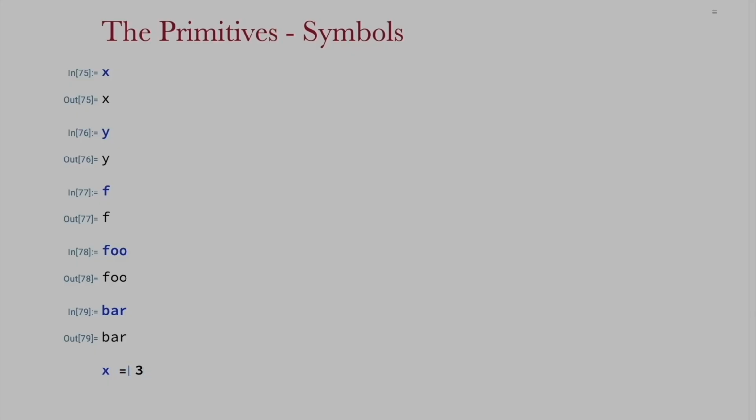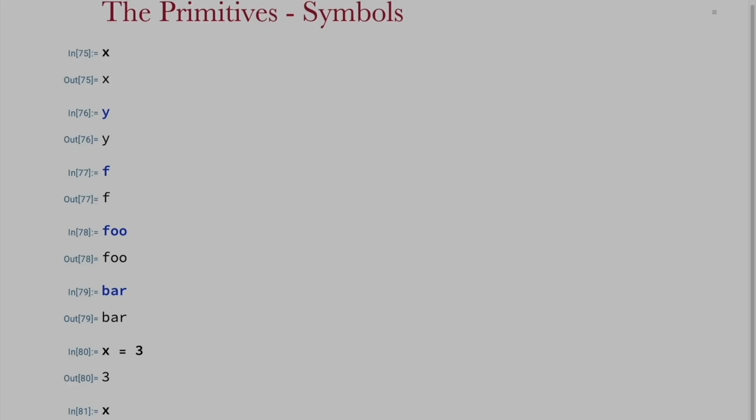I'm going to explain this notation later. There's more to this than just an equal sign. And then I do shift enter and it evaluates to 3, but now if I type in X, I get back 3. X now is, not forever, but until I clear it or restart the Mathematica session, going to be 3.